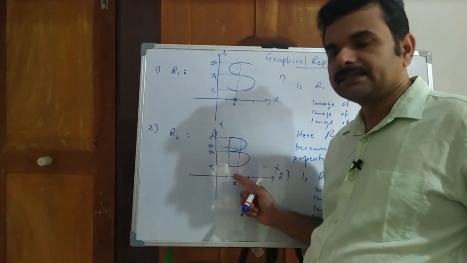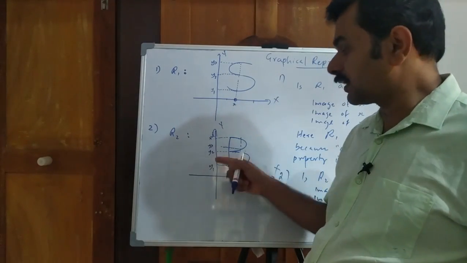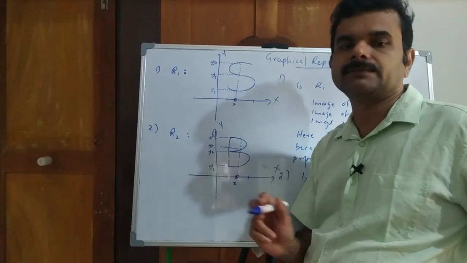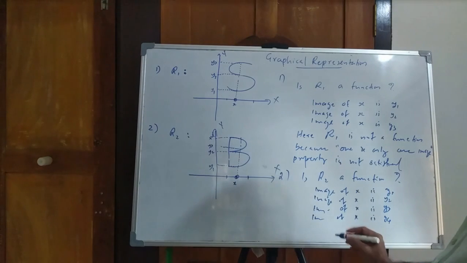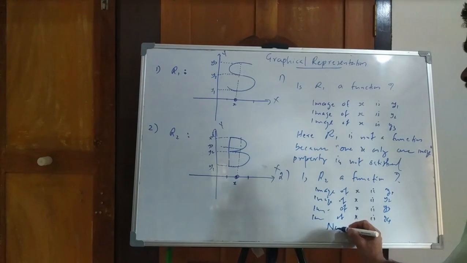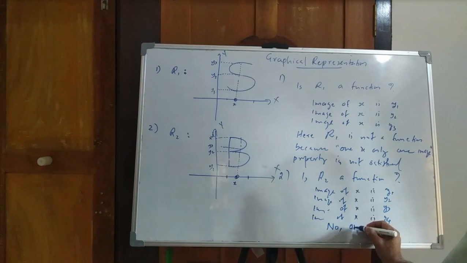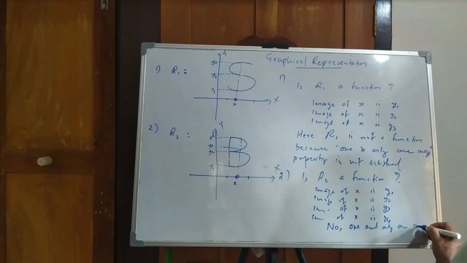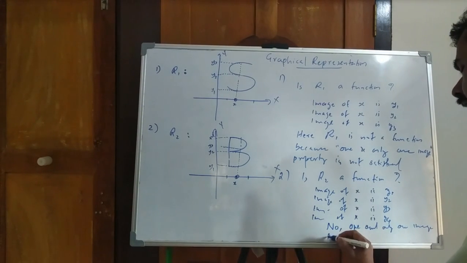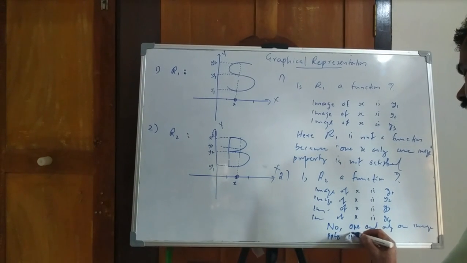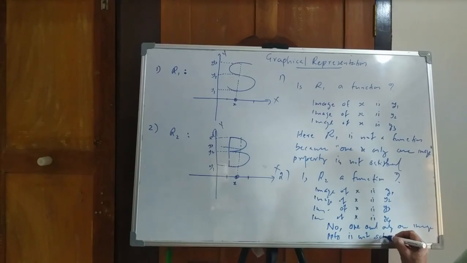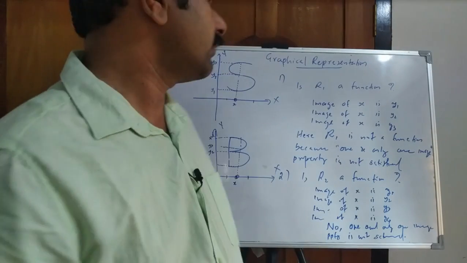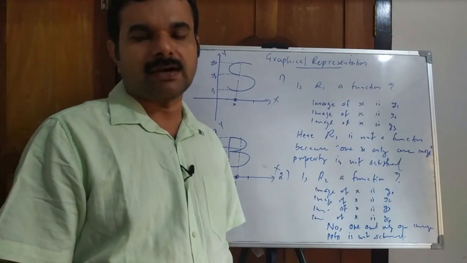For one x there will be different images, more than one image on capital Y, isn't it? Therefore it is also not a function, because the one and only one image property is not satisfied. Clear? So this is all about the graphical representation of a function or relation.